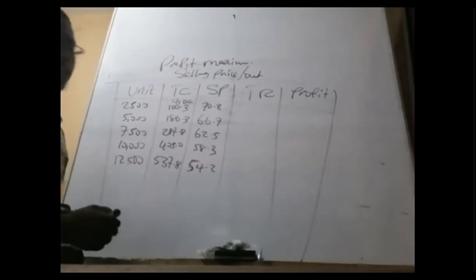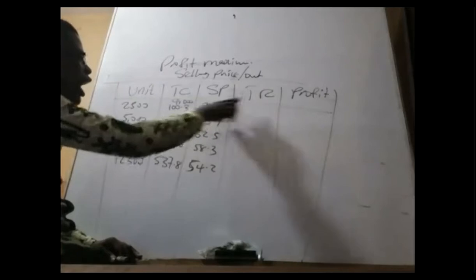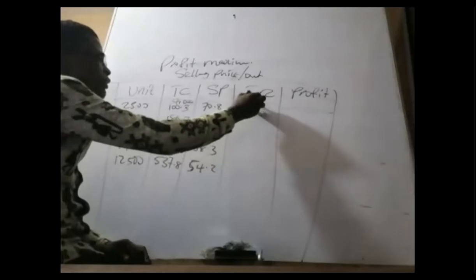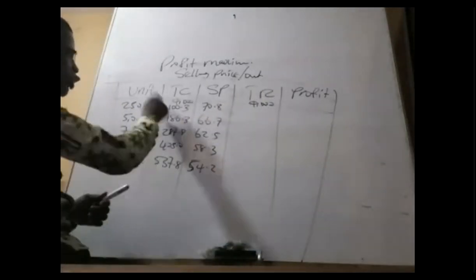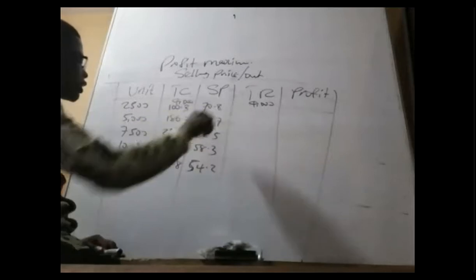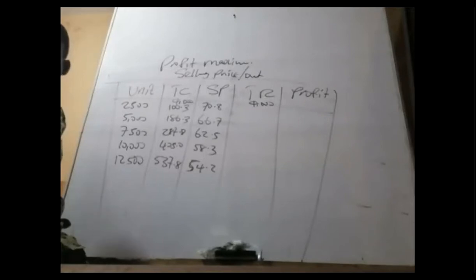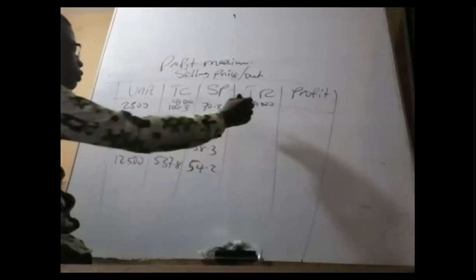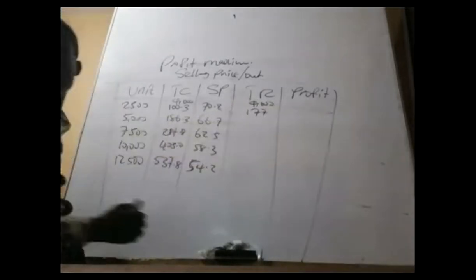So let's go. Let's find the total revenue. How do you find total revenue? It is the selling price times the units. Now the answer that you get, can you raise 3 zeros for me? Because total cost is in thousands, you have to also raise 3 zeros here. So 70.8 times 2,500 is 177.